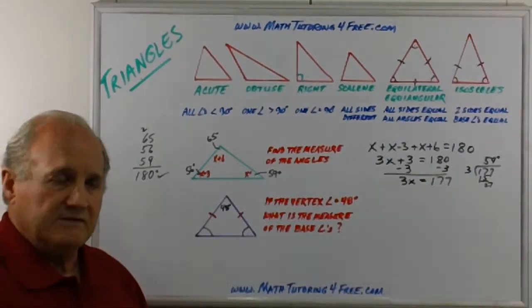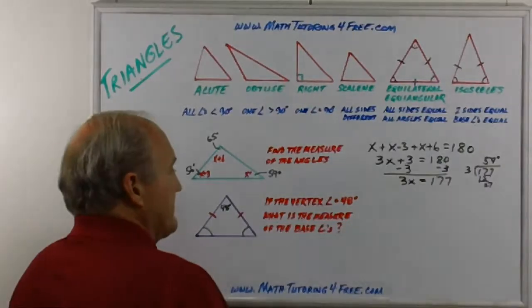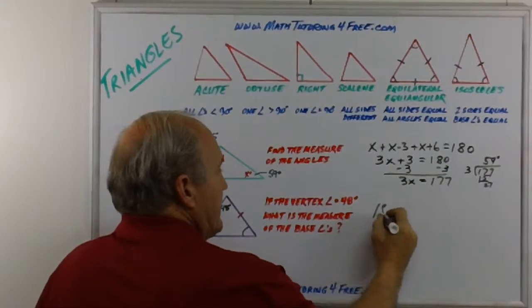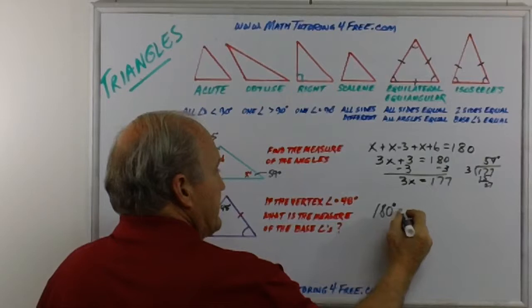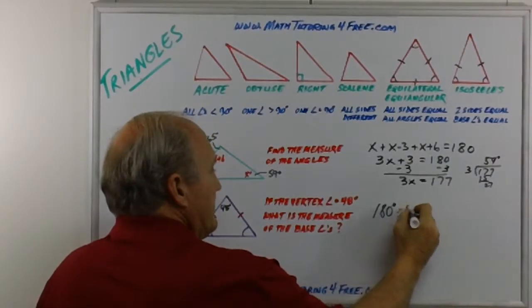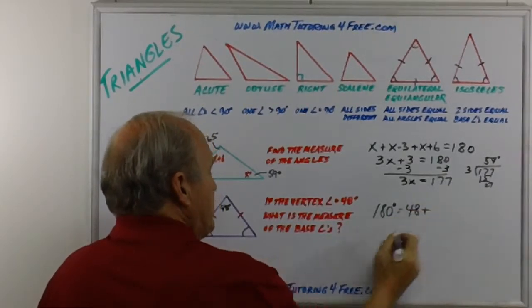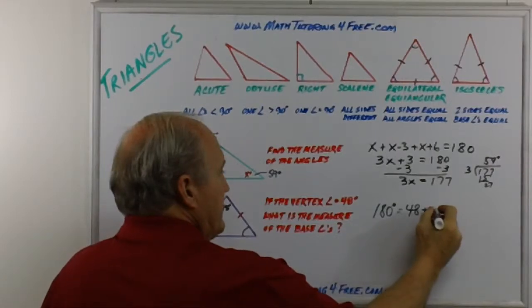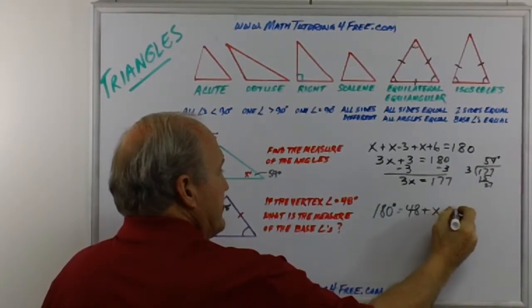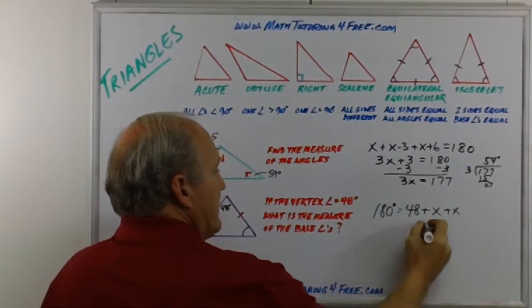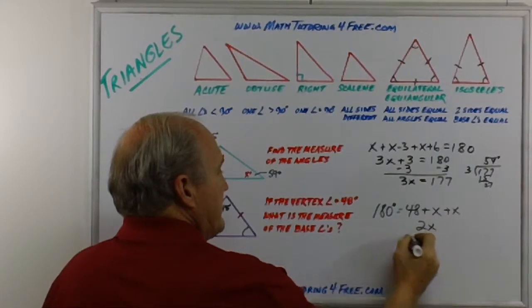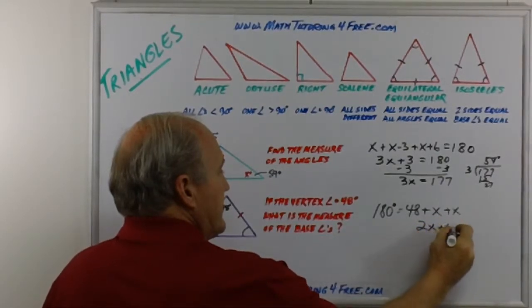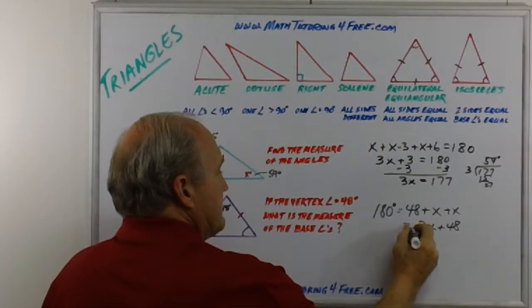the base angles? Well, again, think of it as they're all totaling 180 degrees. And what is that? Well, it's the 48 plus our unknown, and we have two of those, don't we? So we now have 2x plus 48 is equal to 180.